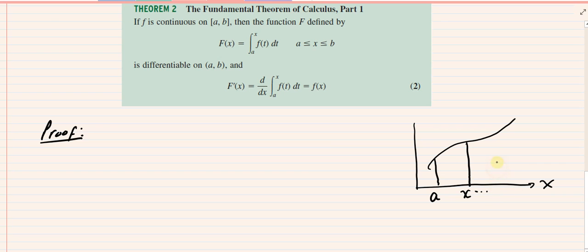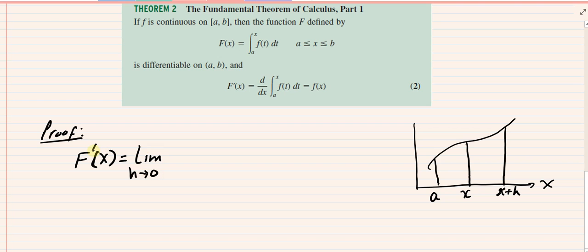In fact, let me extend h all the way here. So this point is x plus h. And if I look at f prime of x, using the definition of the derivative as the limit of the difference quotient.